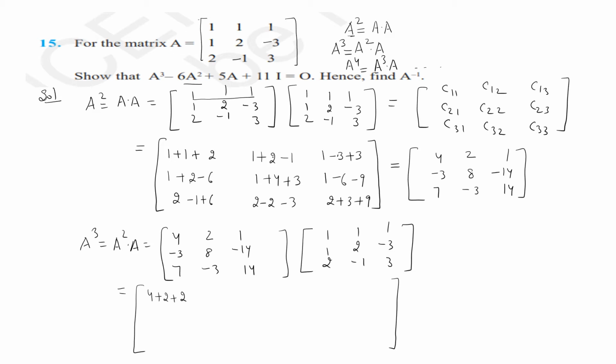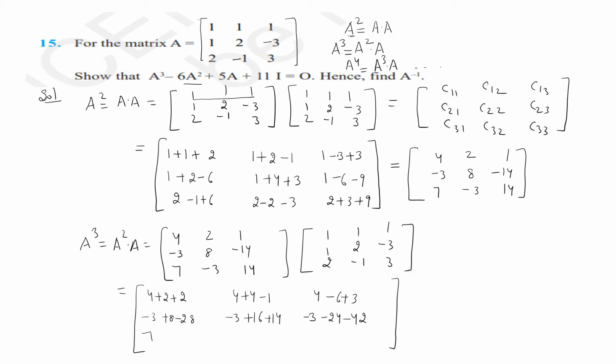This is 4 plus 4 and minus 1. This is 4 minus 6 plus 3. This is minus 3 plus 8 minus 28. This is minus 3 plus 16 plus 14, and this is minus 3 minus 24 minus 42.